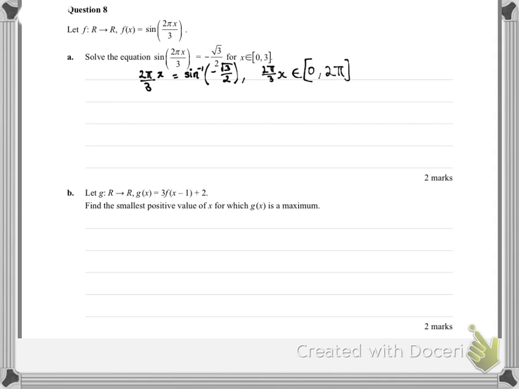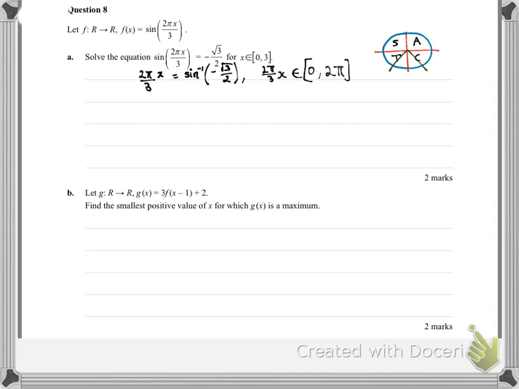Now let's think about evaluating the inverse sine of negative root 3 on 2, but we want it across this adjusted domain. So if x is from 0 to 3, then 2 pi on 3 lots of x ranges from 0 to 2 pi.